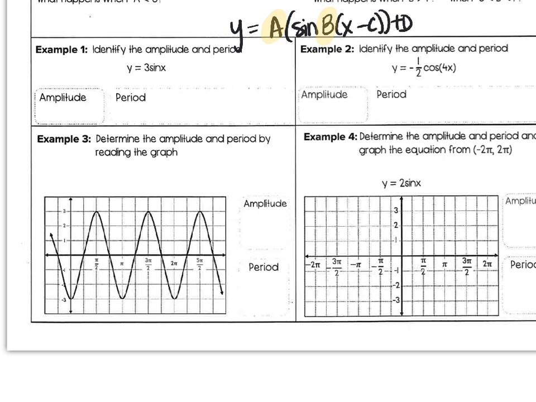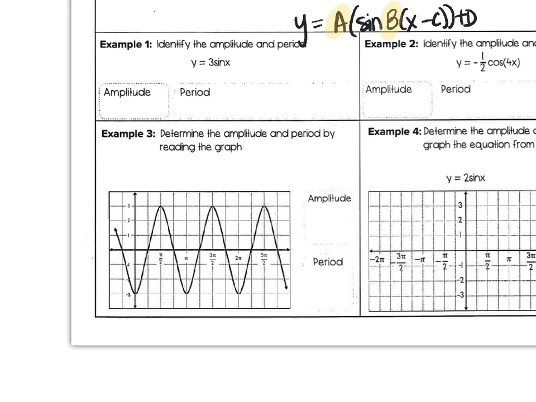All right, so if we're looking for amplitude on this example 1, it says identify the amplitude and the period. So amplitude is here. It's the absolute value of 3, which is 3, meaning the height of this function from its midline is going to be 3 units. The period, if we look at b, that's always the coefficient of x.